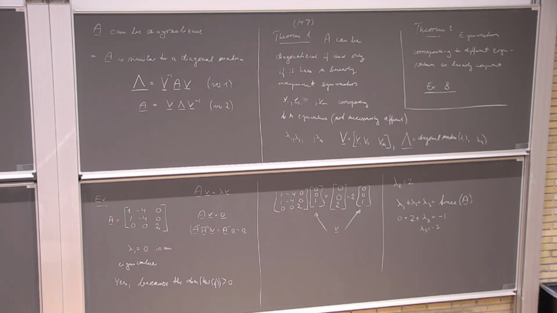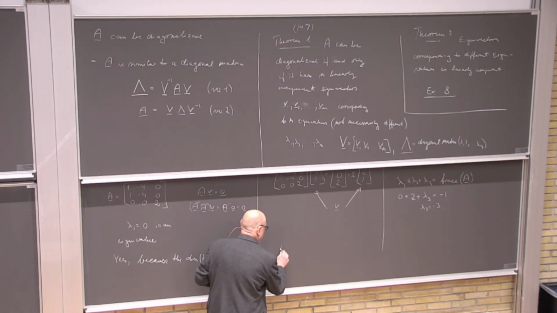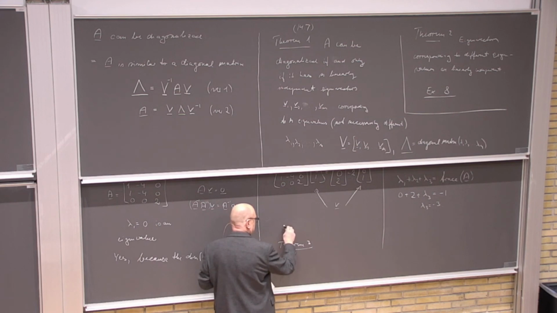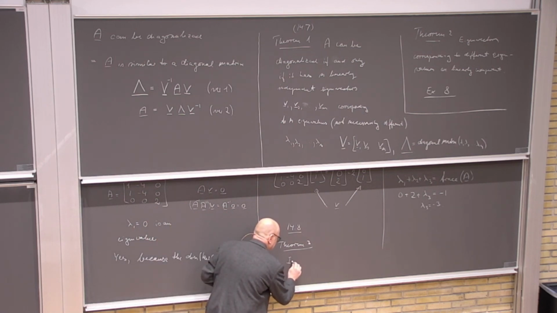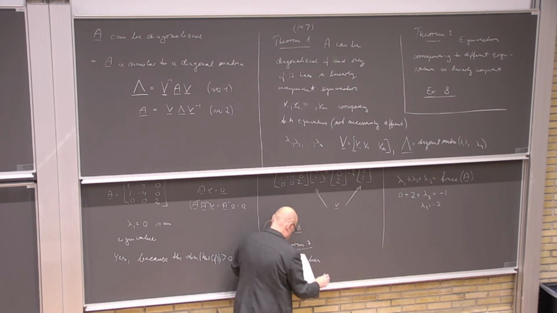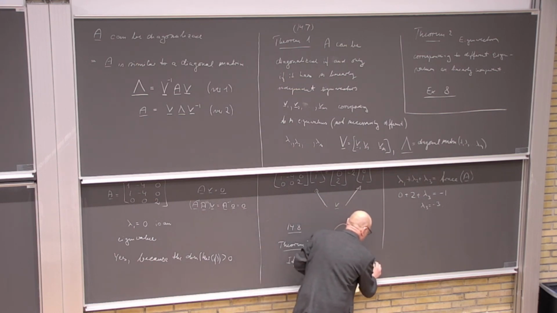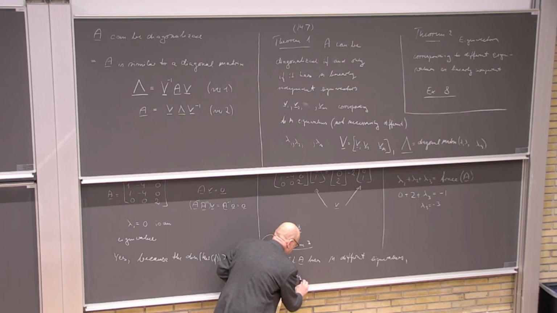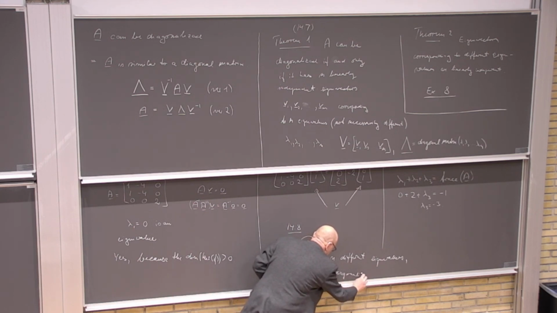Okay, I can sharpen this theorem here, and I can call this theorem 3, and I think it's 14.8 or something in the e-notes, but it says that if A has n different eigenvalues, then A can be diagonalized.